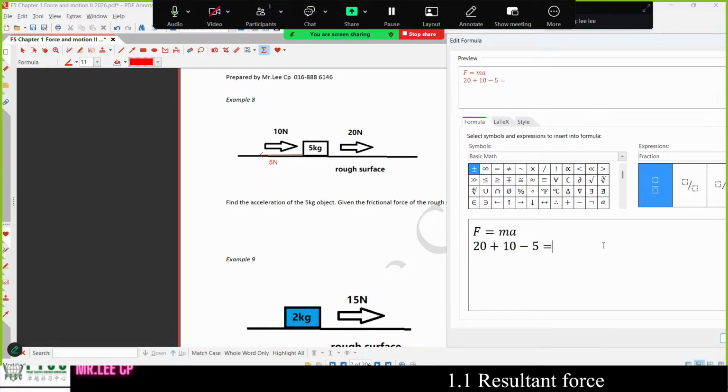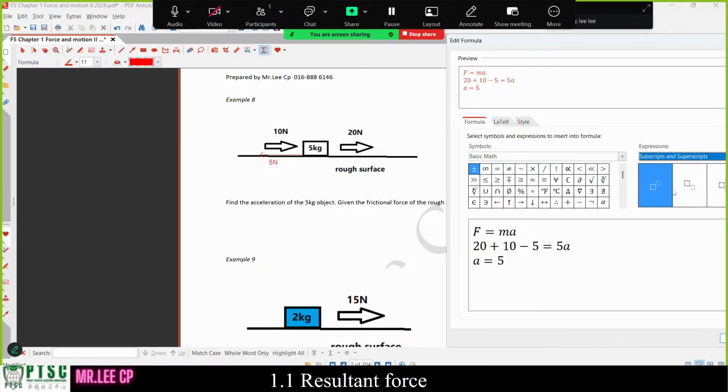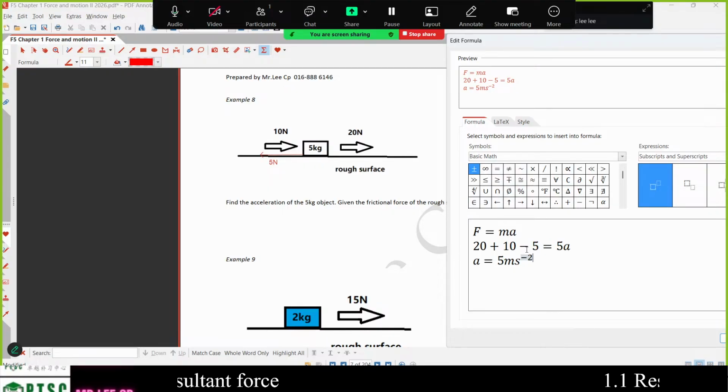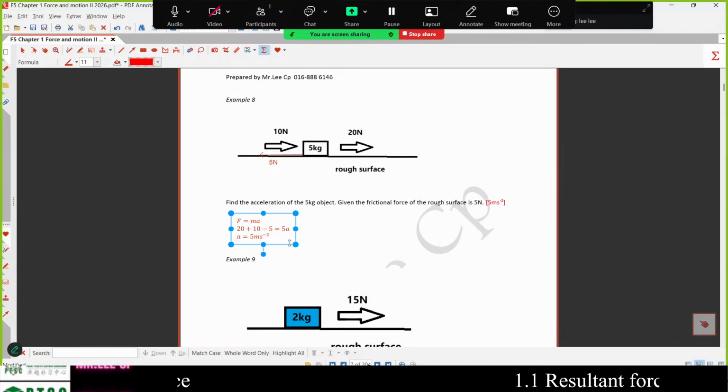It is equal to ma, and ma is 5a. So 30 minus 5 is 25. 25 divided by 5 is 5. The answer is a is equal to 5. You can use your calculator. This one is simple mathematics. 20 plus 10 minus 5 equal, and then divided by 5 equal. It should be equal to 5, unless I calculated it wrongly.